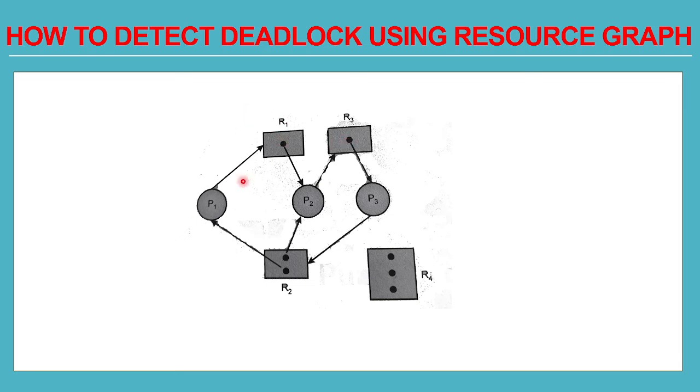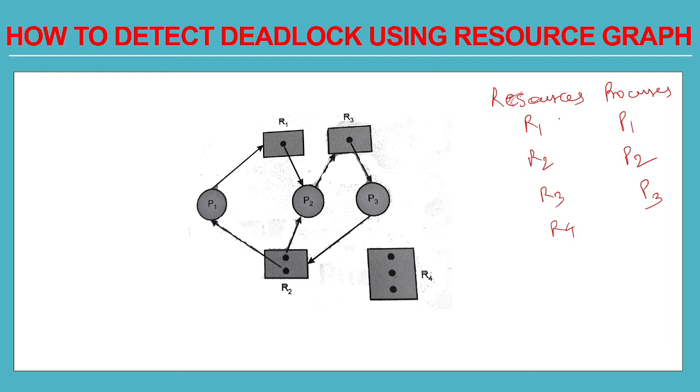We have resources and we have processes. The rectangles are resources, and the circles are processes. There are three processes and four resources: R1, R2, R3 and R4, and processes P1, P2 and P3.